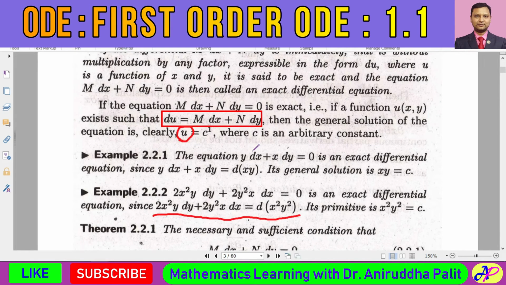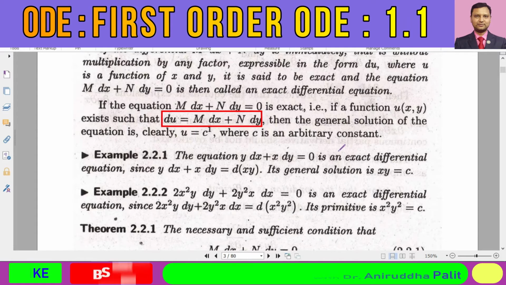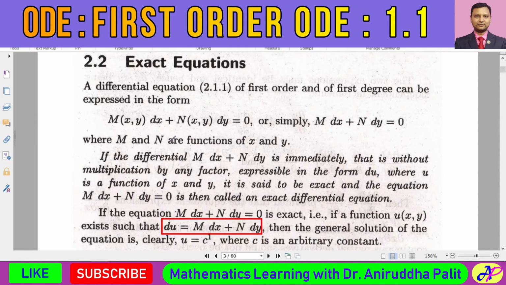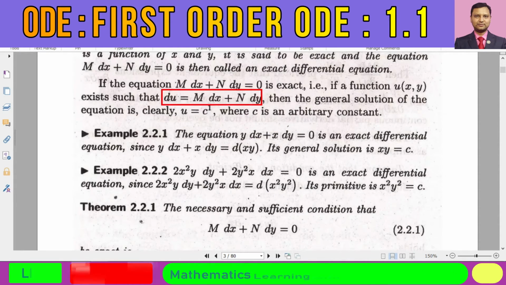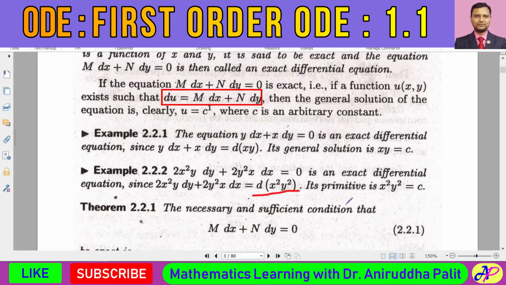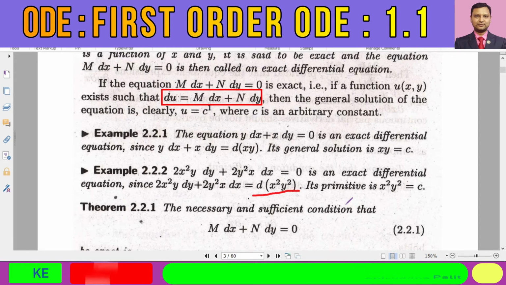But sometimes it becomes a bit difficult, if the expressions of M and N become a bit involved. In that case, just by observation, it is very hard to compute the expression of this u.